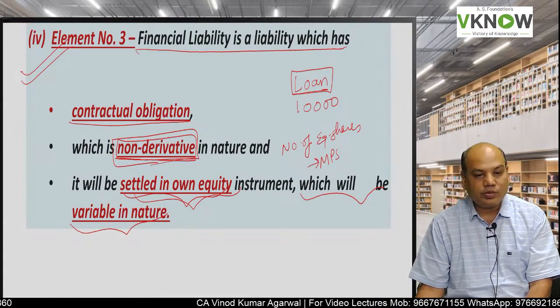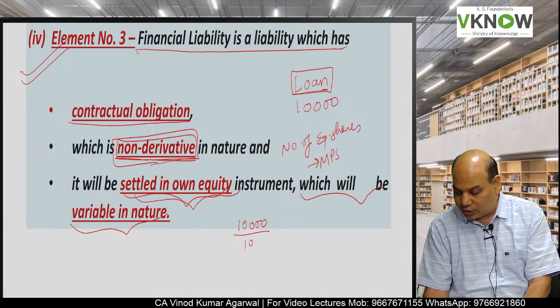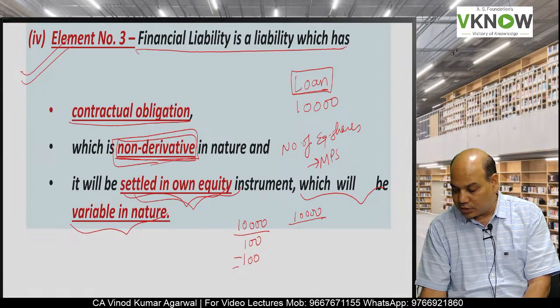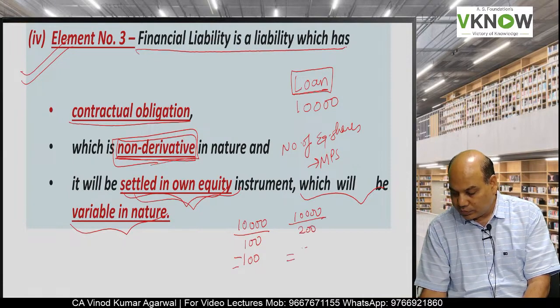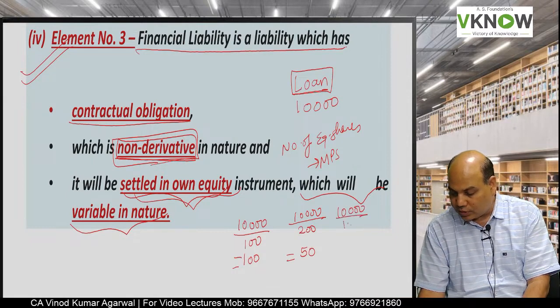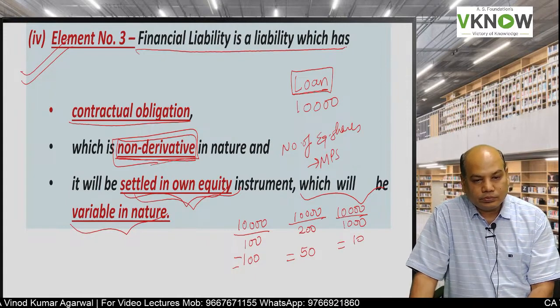Now tell me how many equity shares will be issued. If the market price of the share is 100 rupees, then 100 shares will be issued. If the market price of the share is 200 rupees, then 50 shares will be issued. If the market price of the share is 1000 rupees, only 10 shares will be issued.